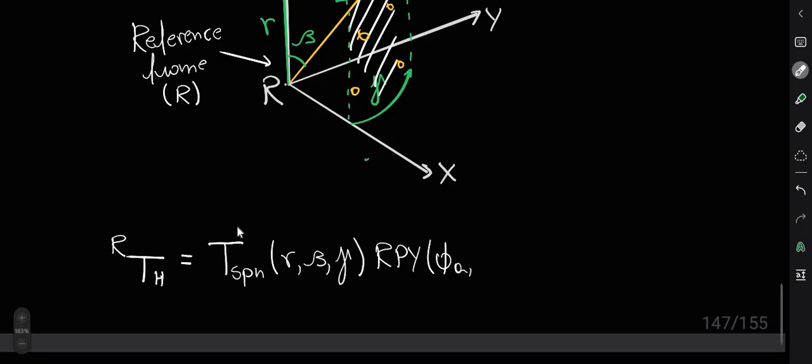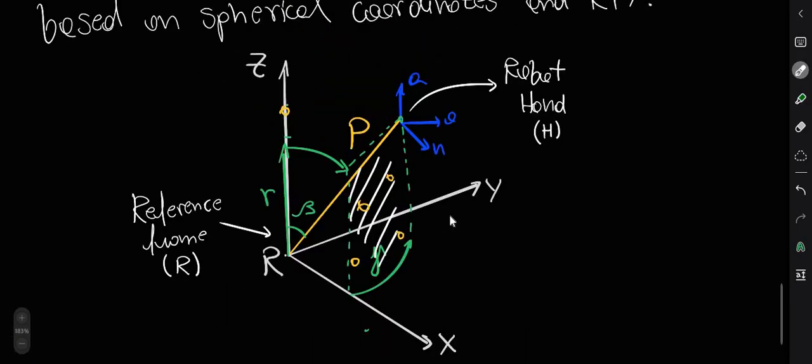It is phi A, phi O, and phi N. Okay, so let's say we wanted to change this point right here. In spherical coordinates we have great precision.